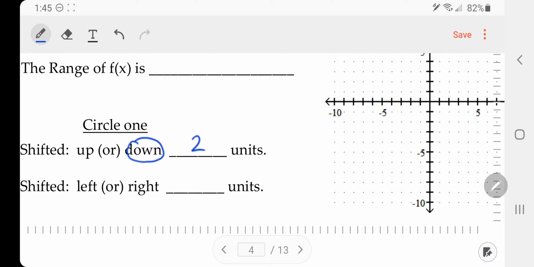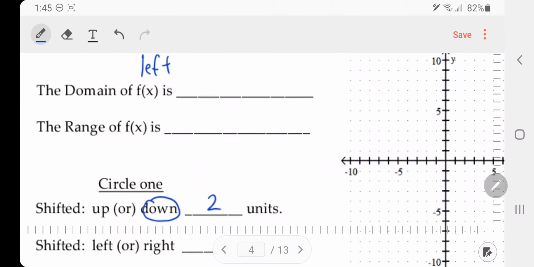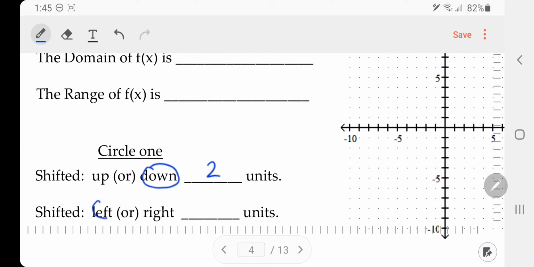Down 2. We notice that we have a +3 under the square root. Numbers that are added or subtracted inside the function, those make a horizontal shift. Plus is left, minus is right. So this is going to be a shift left 3 units.